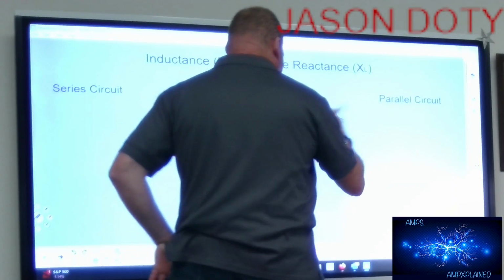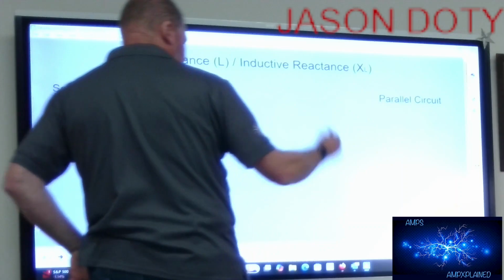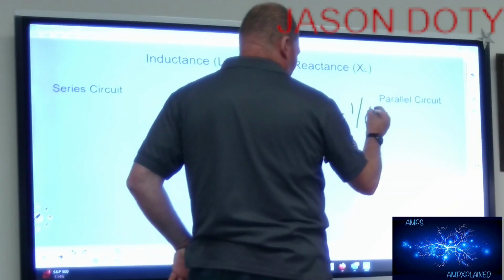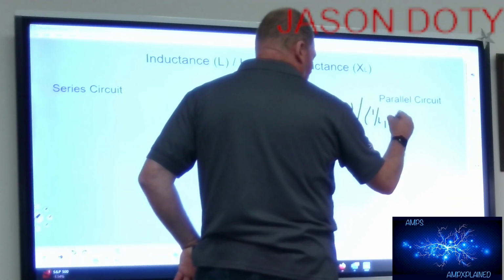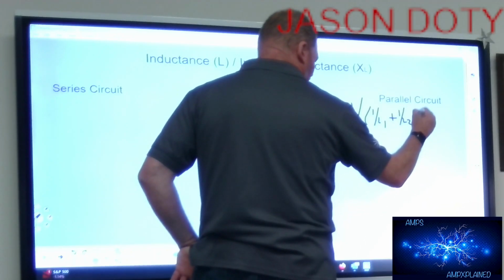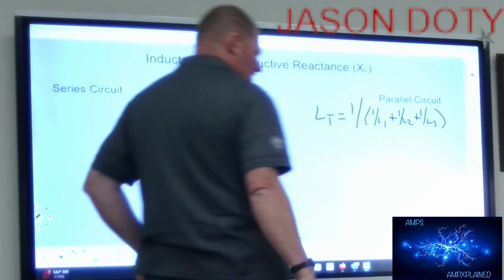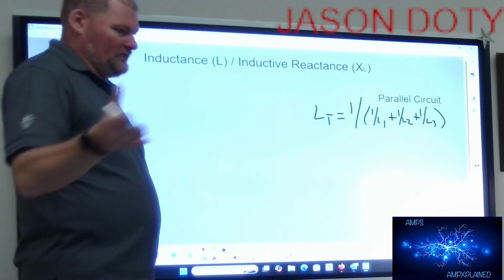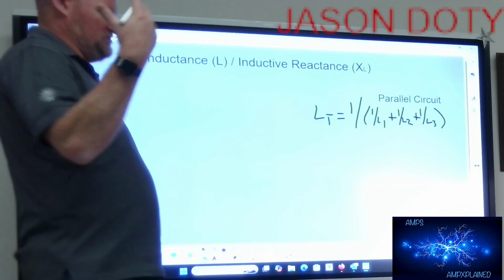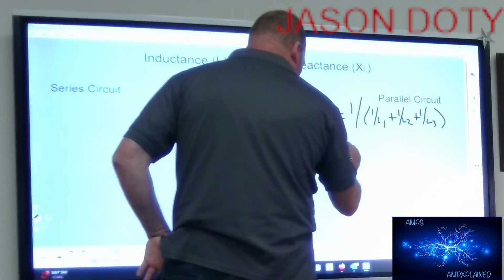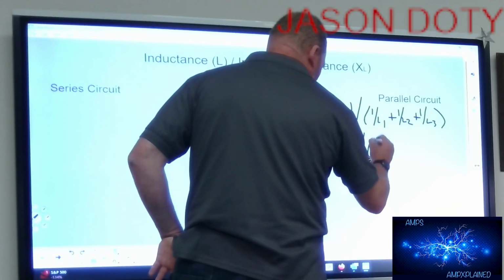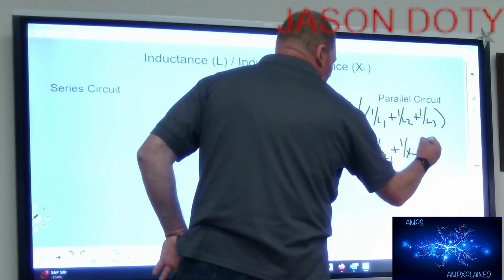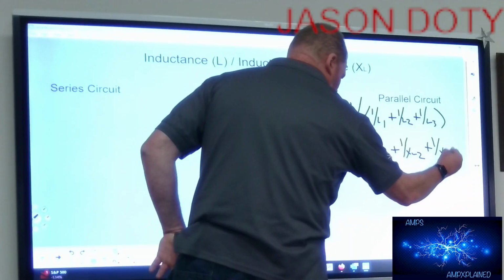So L total, inductance in parallel, will be the reciprocal method: 1 divided by 1 over L1 plus 1 over L2 plus 1 over L3. And the beauty of inductors is no matter if we're solving for inductance or inductive reactance, we treat them the same. X of L total will equal 1 divided by 1 over X of L1 plus 1 over X of L2 plus 1 over X of L3.